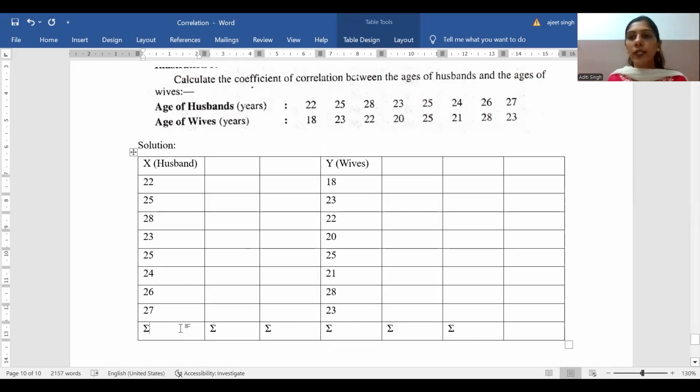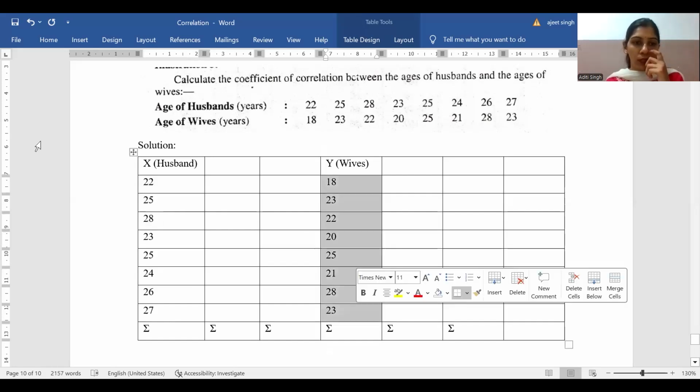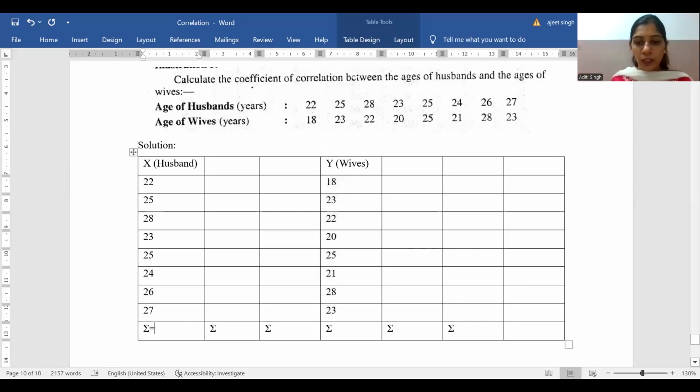So let's calculate the sum of x and sum of y so that we can calculate the value of mean. Sum of x will be, you can also use your calculator for calculating, 22 plus 25 plus 28 plus 23 plus 25, then plus 24 plus 26 plus 27.